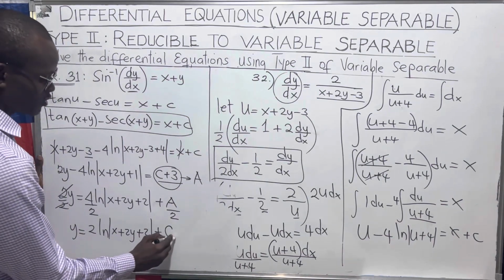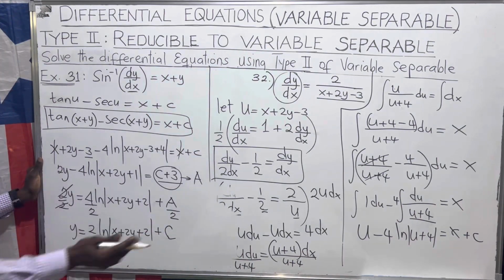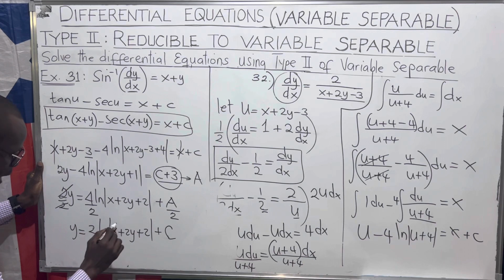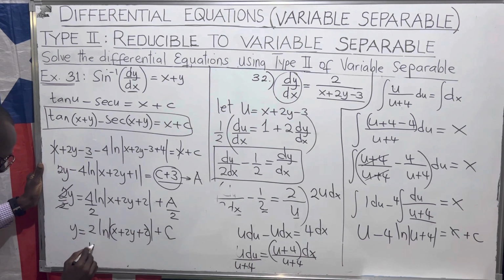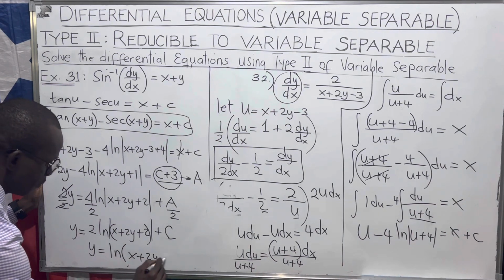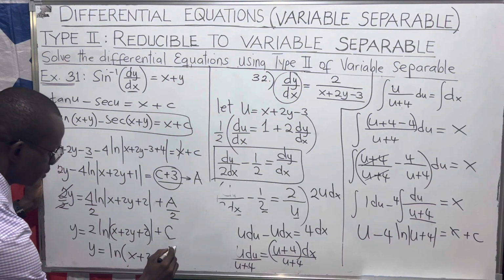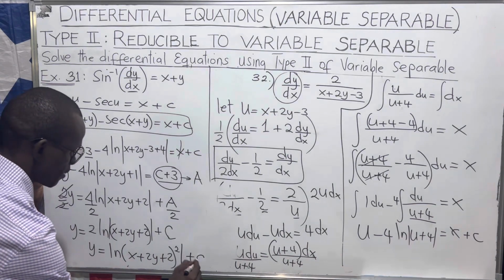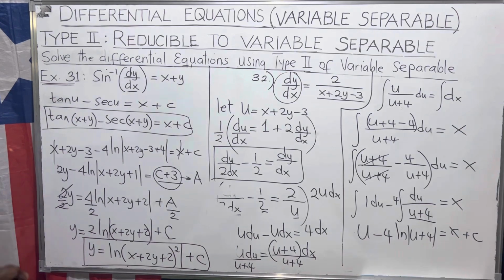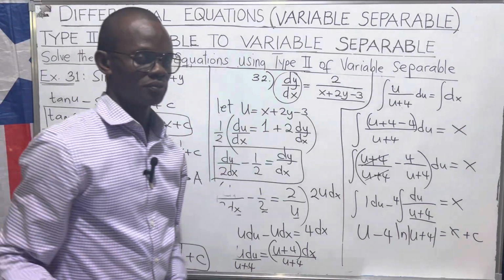So I just rewrite it as c, or I can use b or whatever letter I want. Now I can take this 2 and send it to the power of this argument. So I have y equals the ln of x plus 2y plus 1 raised to the power of 2, plus some arbitrary constant. So that's the general solution of the second problem that we have.